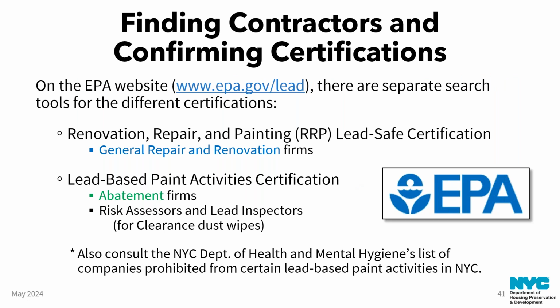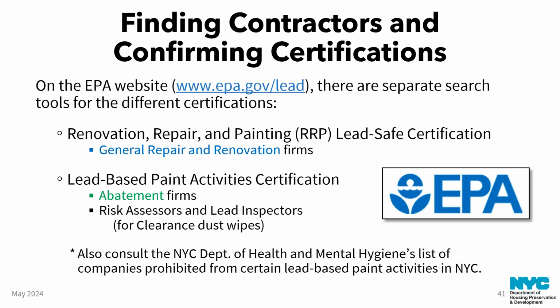Now, we always get a lot of questions from people asking how they're going to find their contractors. And I saw some questions coming in very early in the webinar. People were asking about safe work practices contractors and also about finding people to do the testing that are required in their buildings.